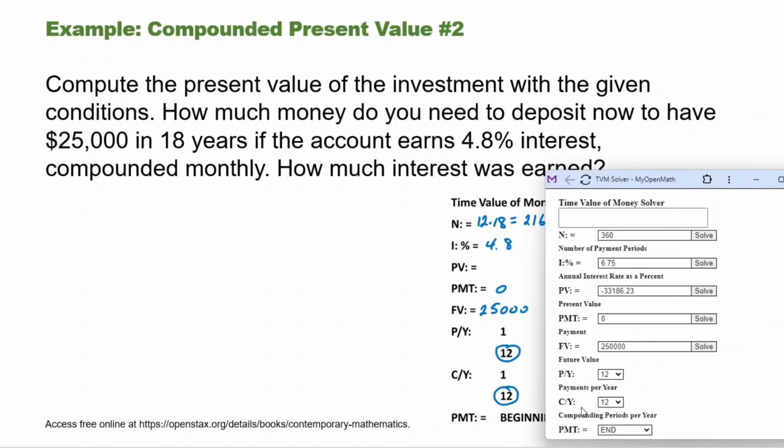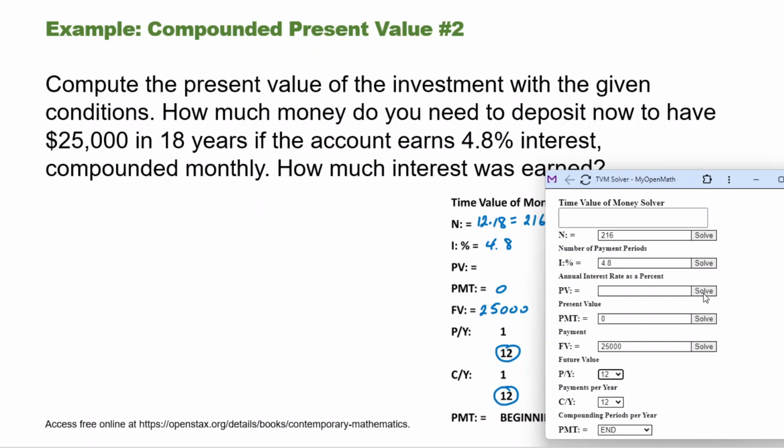Now let me pull up my TVM solver and input these values. Capital N is 216. I% is 4.8. Present value is blank. Payment is 0. Future value is $25,000. P/Y and C/Y are both 12, with payment being wherever we want it.